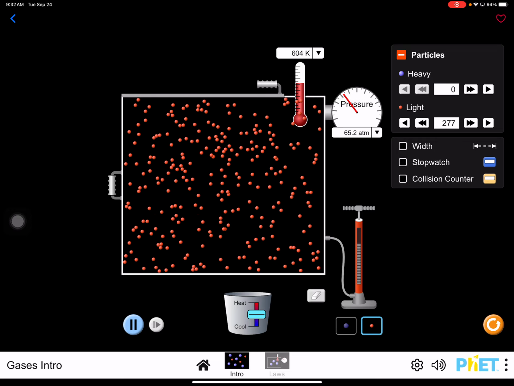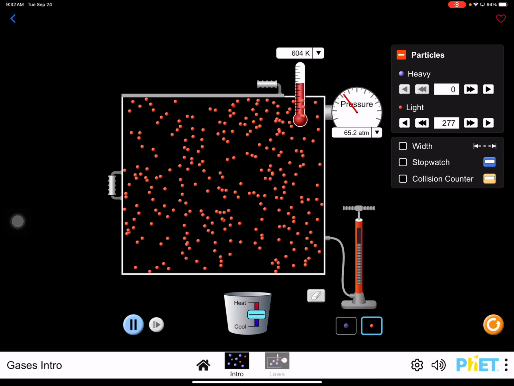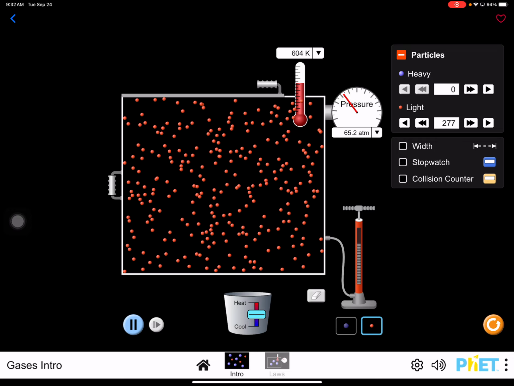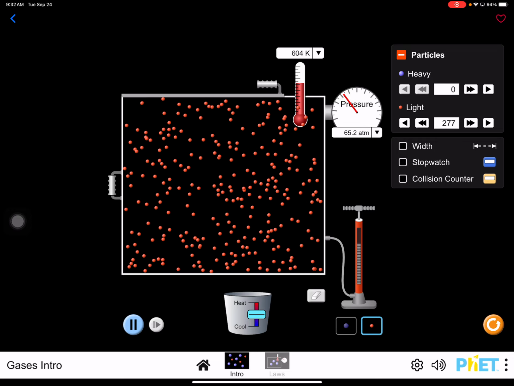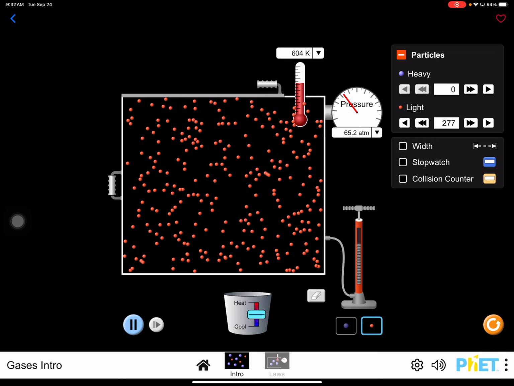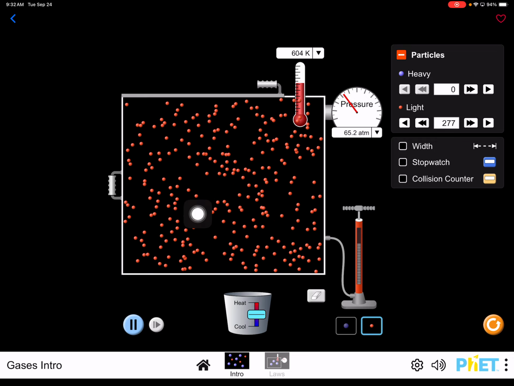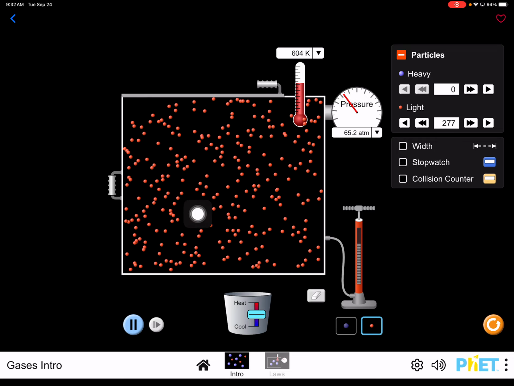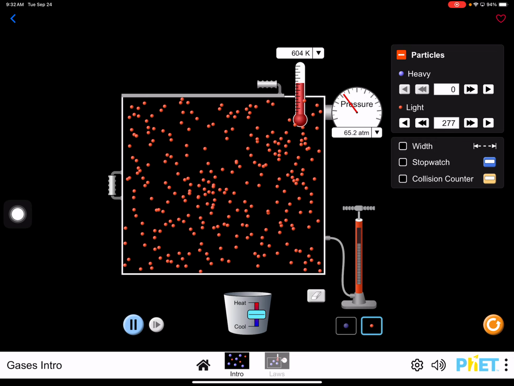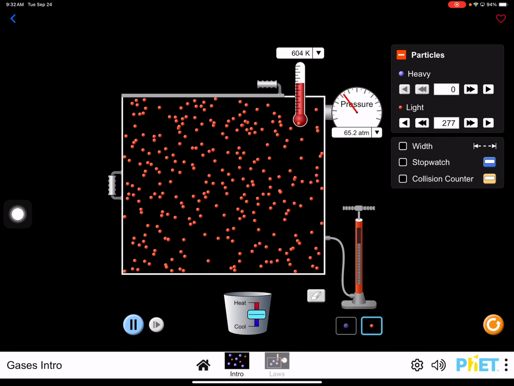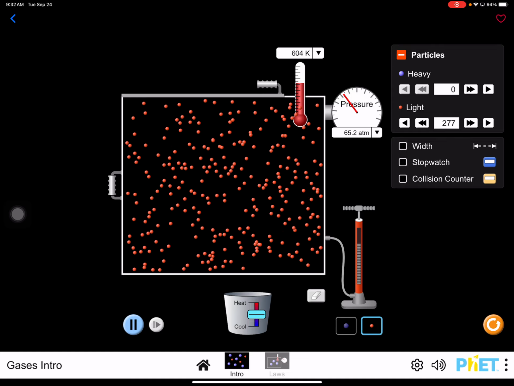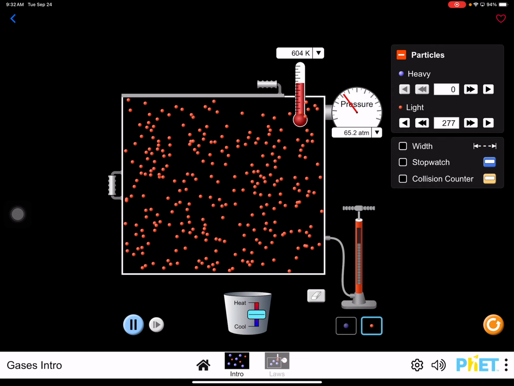What did you notice? They're moving faster. The gas molecules are moving in random directions. Temperature is a measure of the average kinetic energy of these molecules. So if you double the temperature, the average kinetic energy doubles. That's what temperature measures.